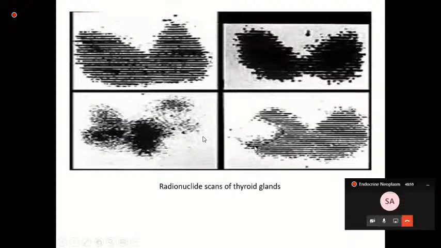Because most neoplasms are cold nodules. Why do we say neoplasm? When we say thyroid neoplasm, it indicates what?